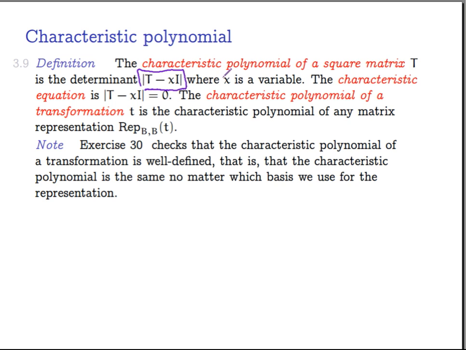The characteristic equation is the determinant of T minus x times I is equal to 0. And the characteristic polynomial of a transformation is the characteristic polynomial of any matrix representation. It turns out that any representation of the same linear transformation will have the same characteristic polynomial, no matter what basis you use.